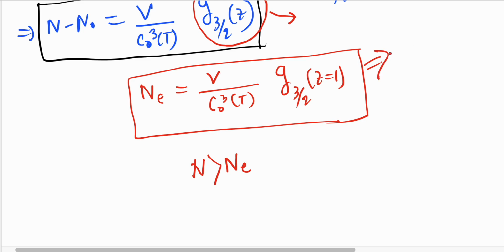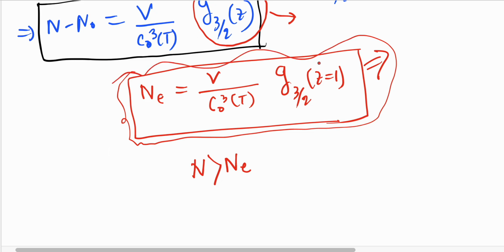So what about the other particles? You want to put the total n number of particles in volume V, but your mathematics tells you that only this much number of particles can stay in the excited states.